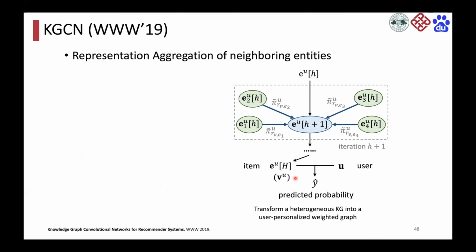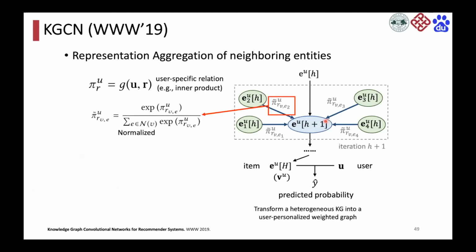KGCN aims to automatically capture both the structure and the semantic information in the knowledge graph for recommendation. To model the heterogeneous knowledge with different relations, they propose to use a trainable and personalized relation scoring function, g, to transfer the knowledge into user-specific relations, which can describe the importance of the relation r to the user.